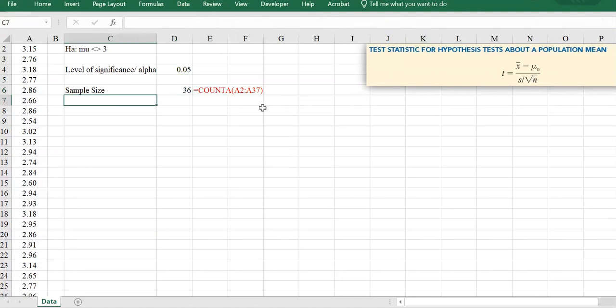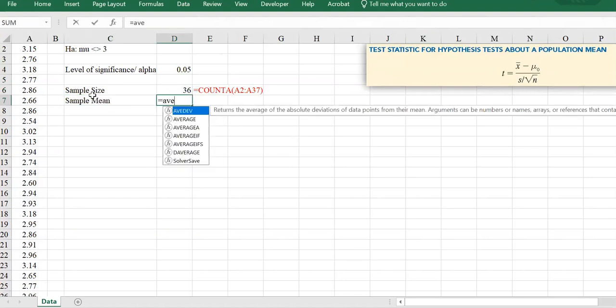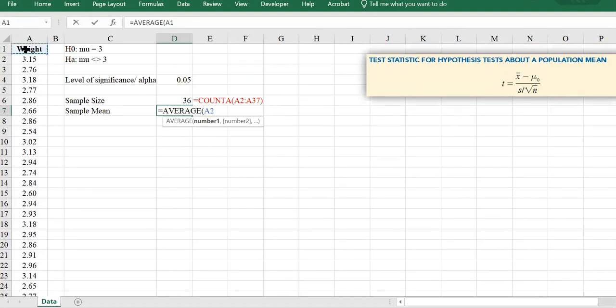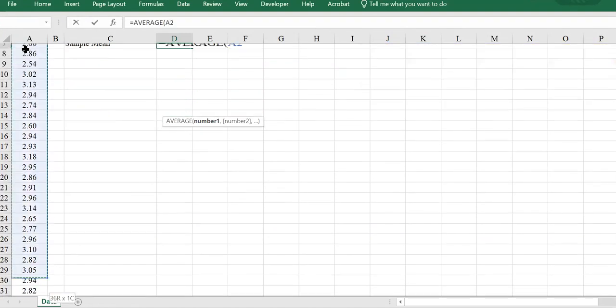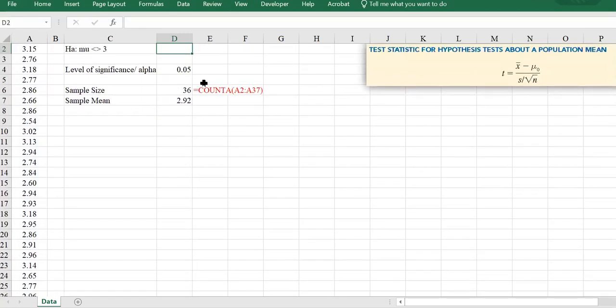So sample size, and then sample mean, x bar, which is the average of the numbers here. Next, I also need the sample standard deviation, S, which is STDEV.S of my sample here.